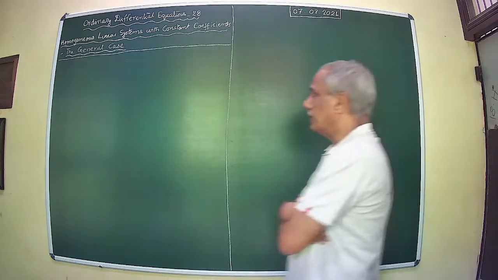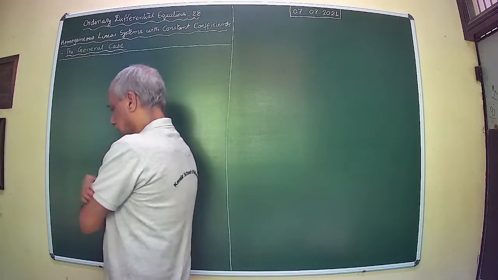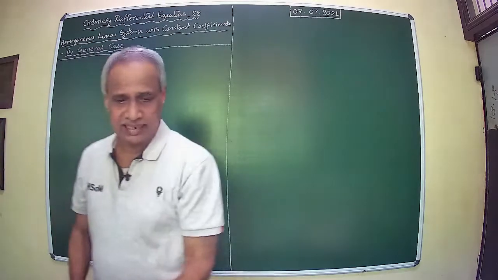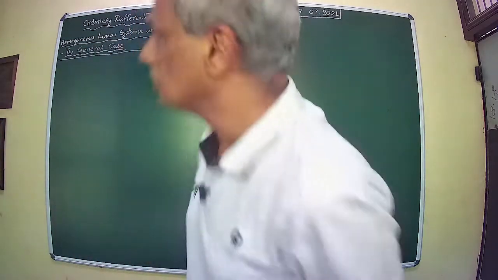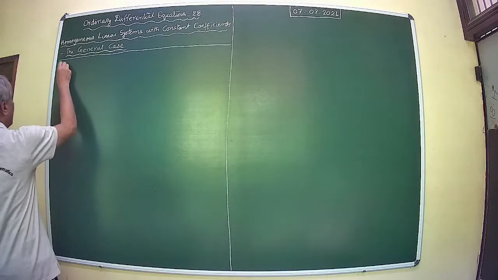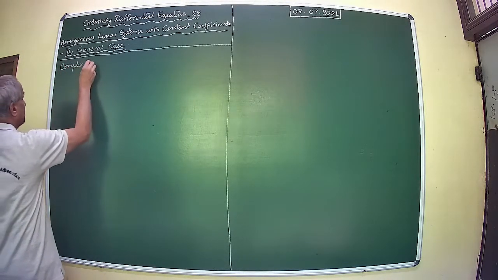Now we assume diagonalizability, but allowing A to have complex eigenvalues also. So that is the next thing that we are considering: complex eigenvalues.